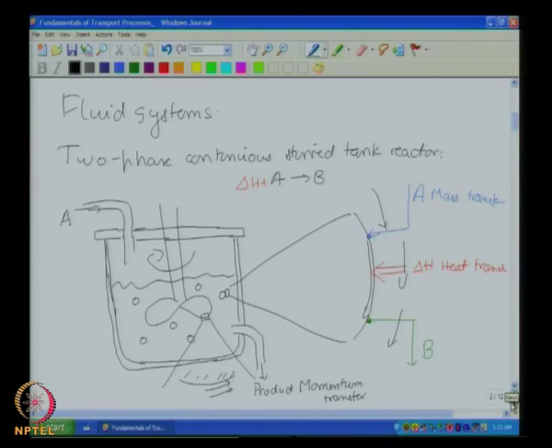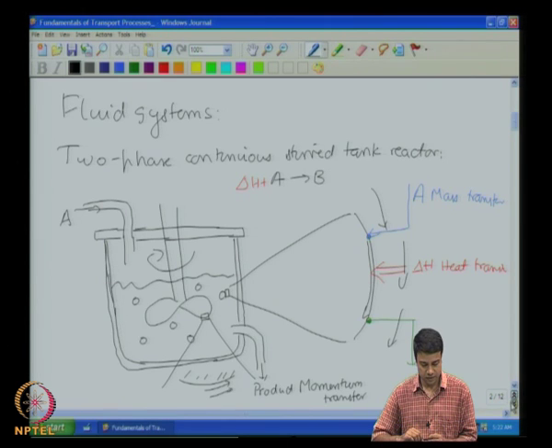For example, if you take a reactor, a two-phase system in which you have the conversion of the raw material A to the product B. A comes in at the entrance of the reactor and it gets converted to B and then it goes out of the exit stream. Now, in this case, we looked at the specific example of a solid catalyzed reaction, a reaction catalyzed by a solid pellet.